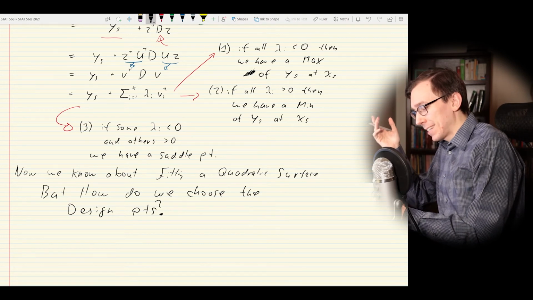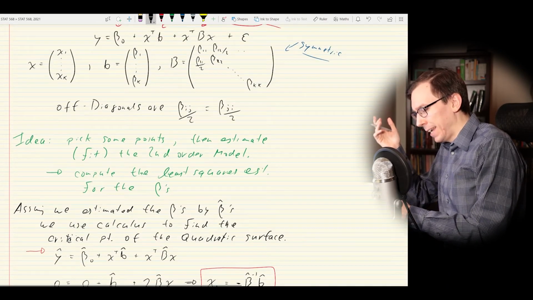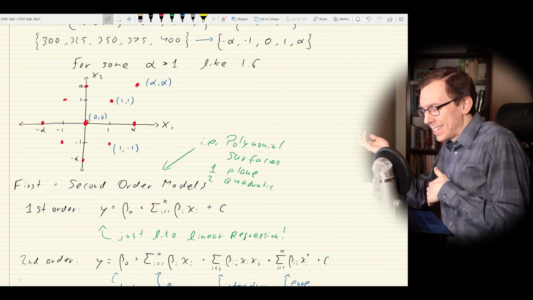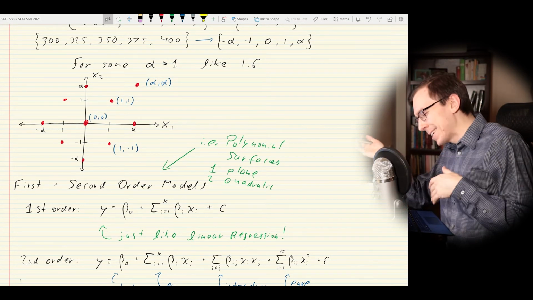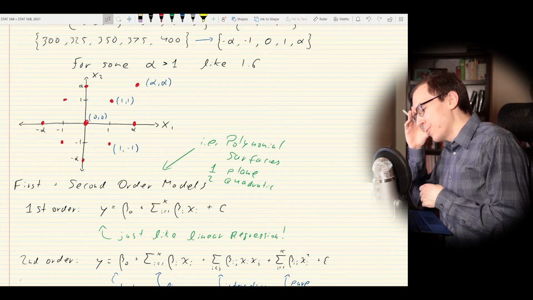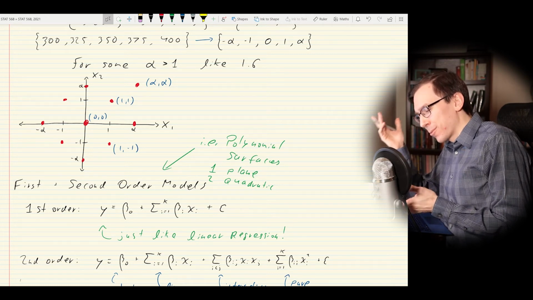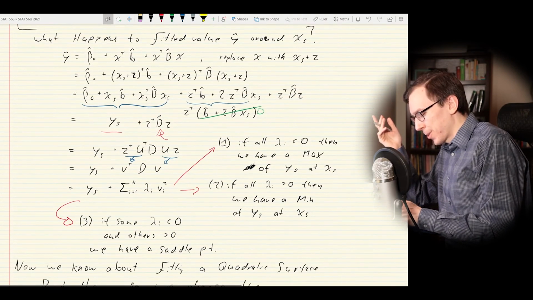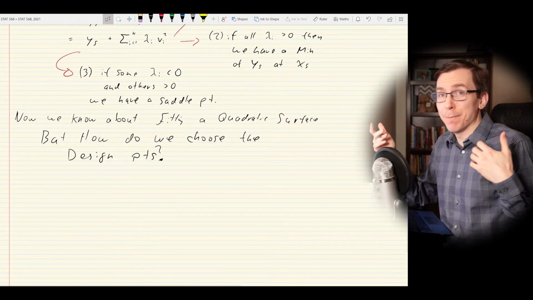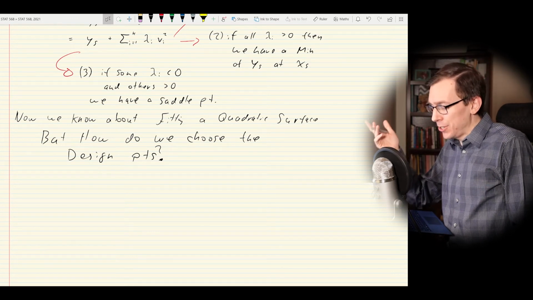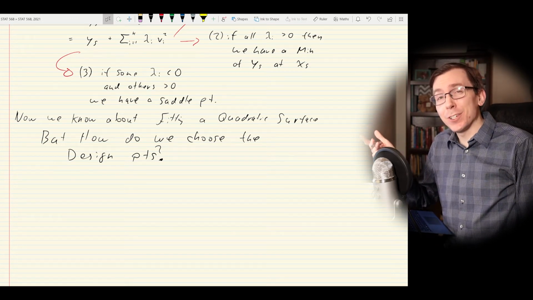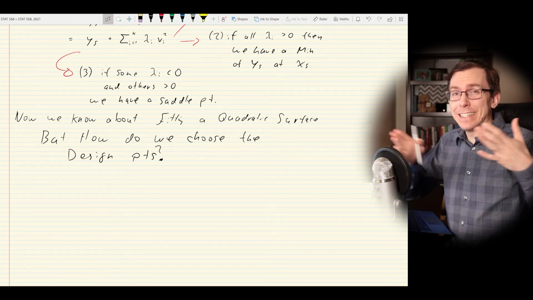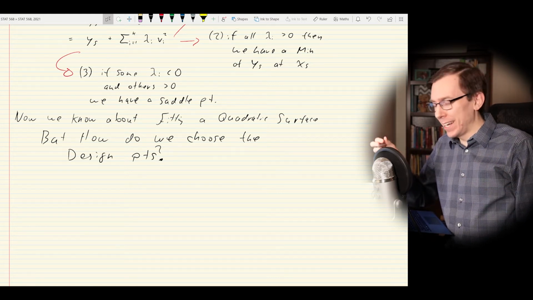Remember at the beginning of this lecture, I kind of showed on the plane, we can pick values like 1, 1, and 0, 0, and 1, minus 1, and things like that. But then the question is, well, what are the right choices, right? If I have 2 or 3 or 4 or k different inputs to my model, how do I choose these points, and how do I make sure I choose them efficiently? Because if k is big, we have a lot of different directions I can go in, right?